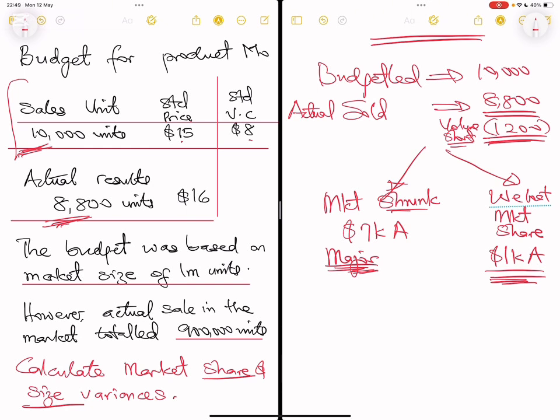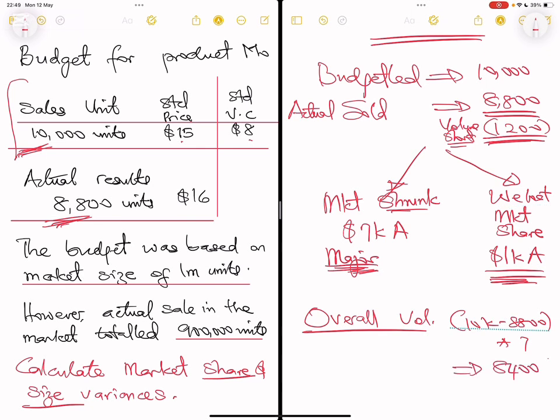Because remember, the overall volume variance that we're trying to split, you can calculate as actual minus your budget. So that's 10K minus 8,800, valued at the margin of 7. That is 1,200 times 7, which equals 8,400. And definitely, this is adverse because you budgeted 10,000, you only sold 8,800.